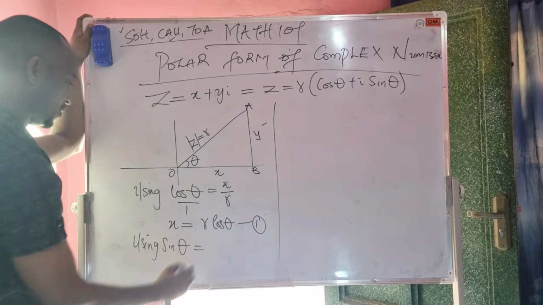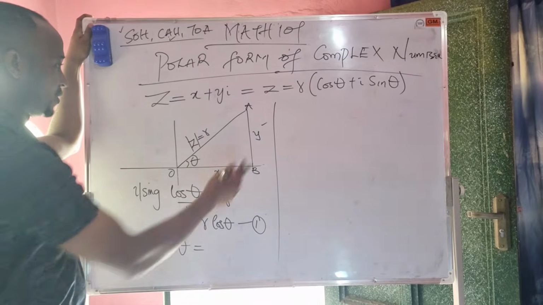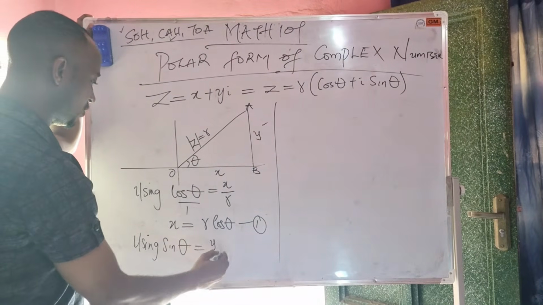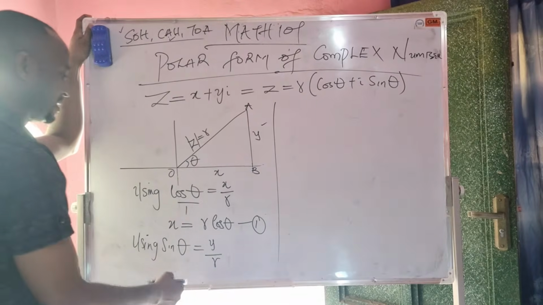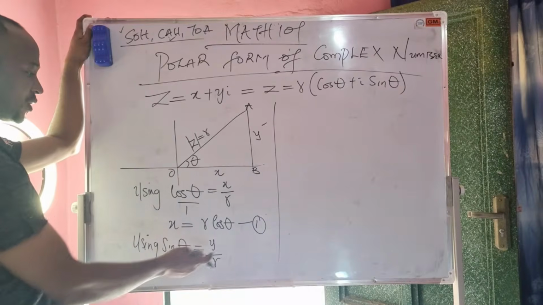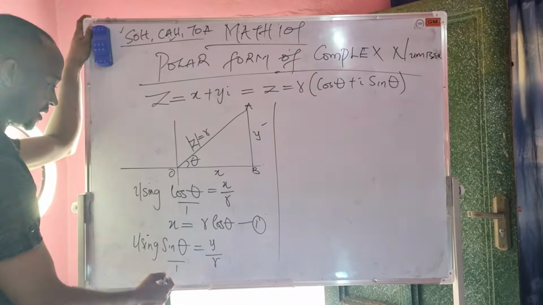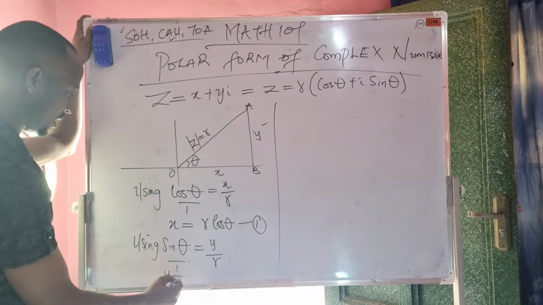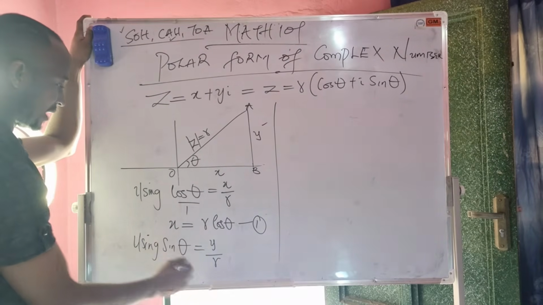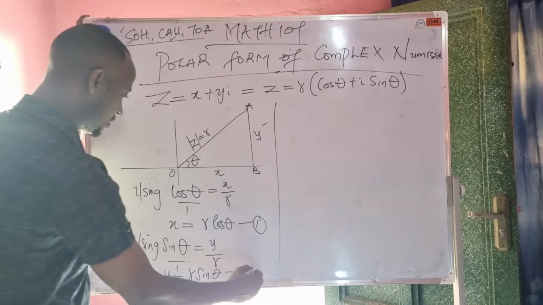Sine theta equals opposite over hypotenuse. Opposite is y, hypotenuse is r. The same thing we did in the first case will be repeated here. I'm going to cross multiply: y times 1 is y. y equals r sine theta, equation 2.